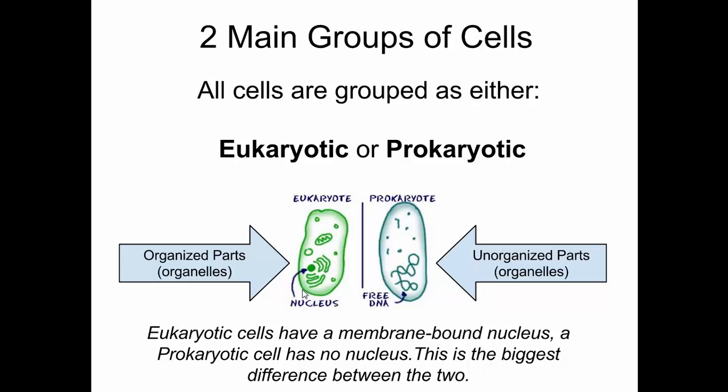A prokaryotic cell has unorganized parts or organelles. It has no nucleus. That's the biggest difference between the two, that there's no nucleus in a prokaryotic cell, so the DNA is just sort of free-floating inside the cell.